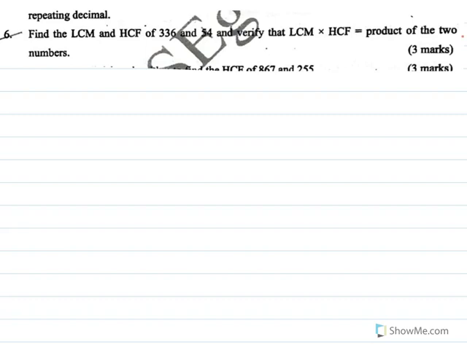Find the LCM and HCF of 336 and 54 and verify that LCM into HCF is product of two numbers. So prime factorization of 336 is 2 raised to 4 into 3 into 7, and of 54 is 3 raised to 3 into 2.